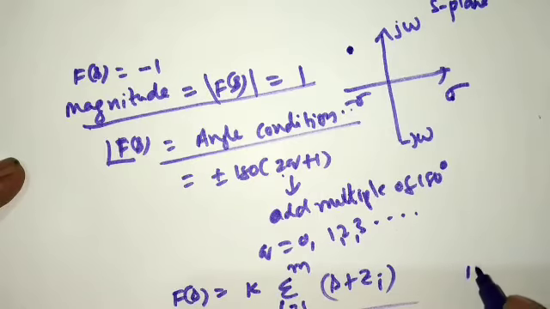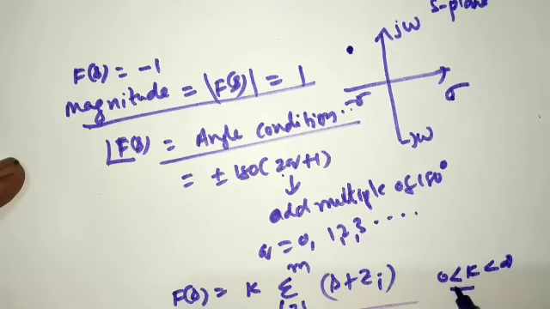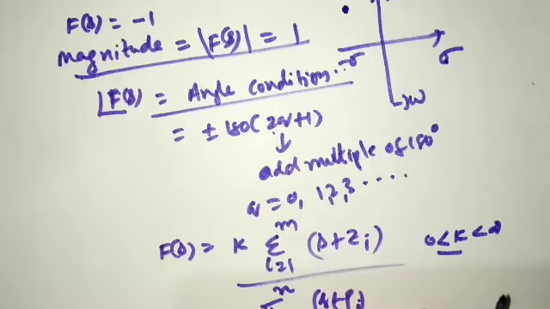This k value is greater than or equal to 0 and less than infinity. When you take the magnitude condition for this, it becomes 1.